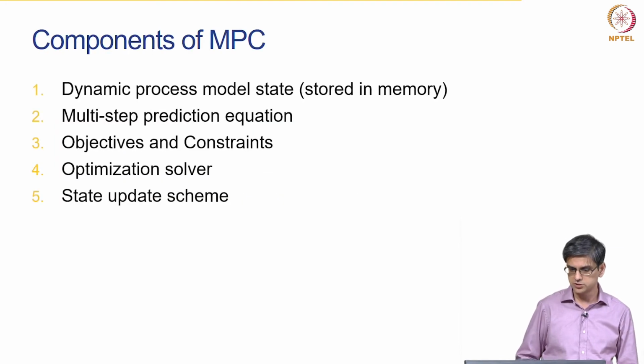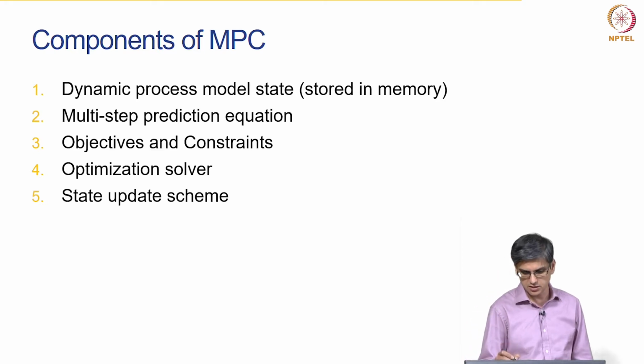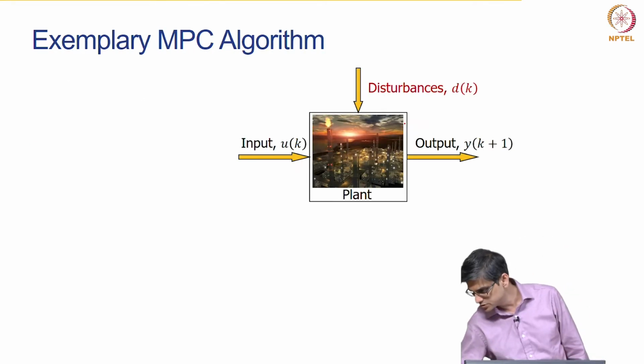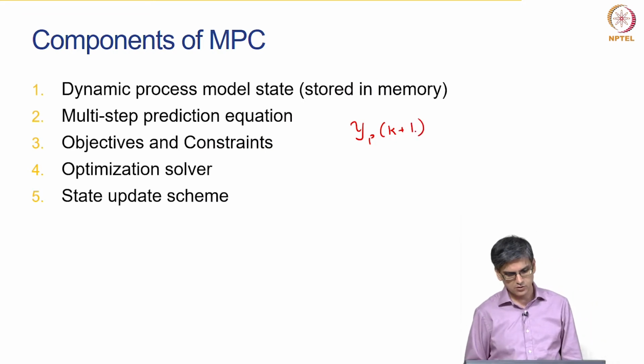Okay. So, just to recall, the components of MPC is a dynamic process model and the state, which is stored in the memory. Then we talked about the multi-step prediction equation and the multi-step prediction variable we call that as xp k plus 1. Okay.